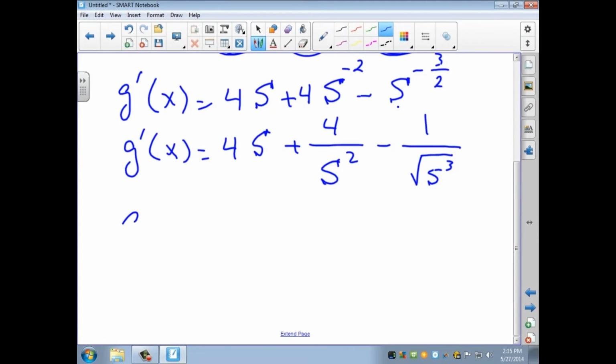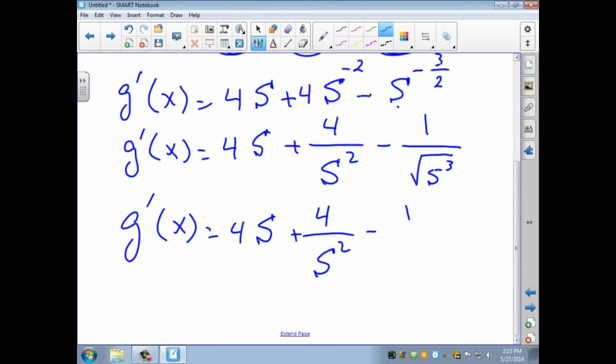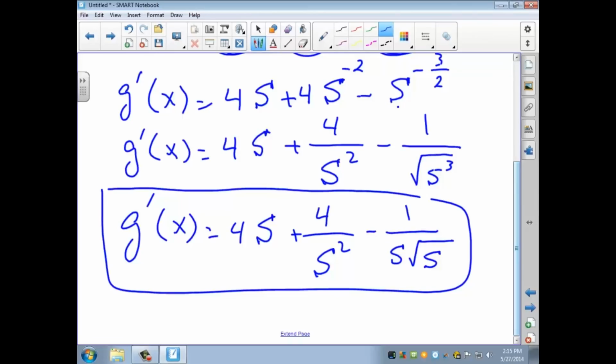One more time, we can simplify the last term. G prime of x is equal to 4s plus 4 divided by s squared minus 1 divided by a square root of s to the 3rd. The s squared comes out and becomes s, and what you have under the square root would be s also. So that would be the derivative of that function.